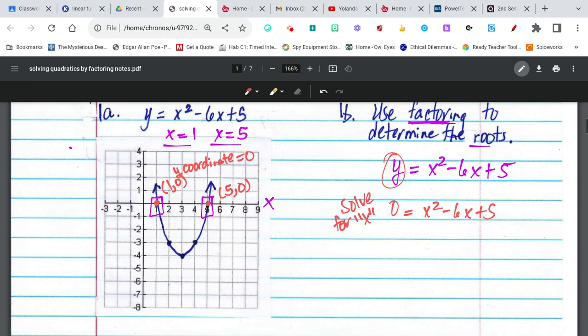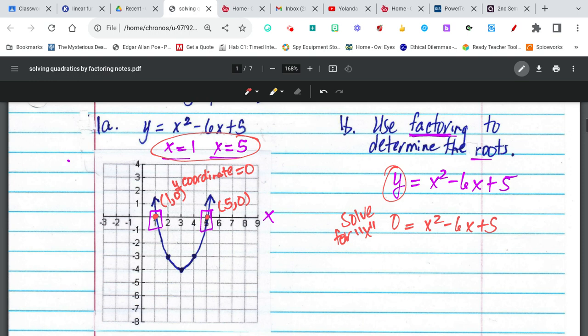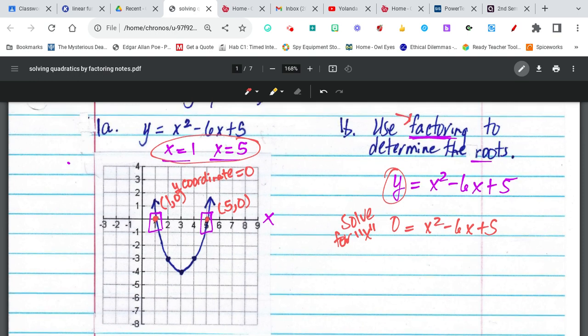Basically, if I didn't give you the graph, you could use factoring to solve. All you have to do is set y equal to 0 and solve for x, and you do that by factoring.